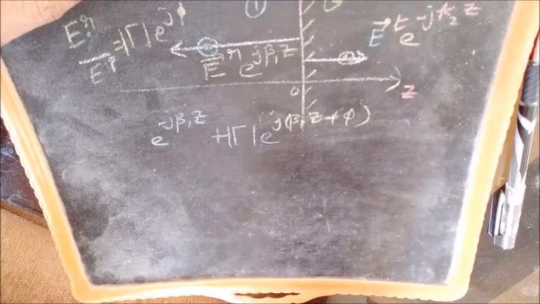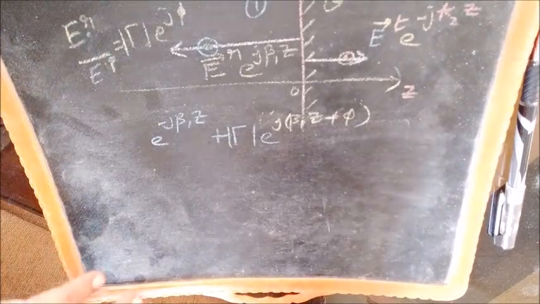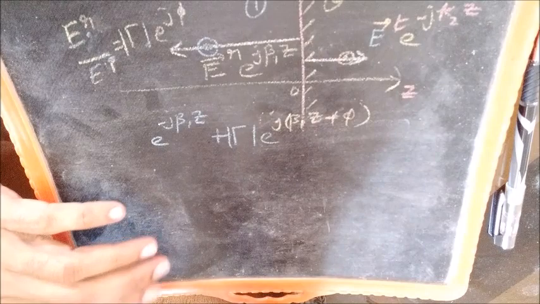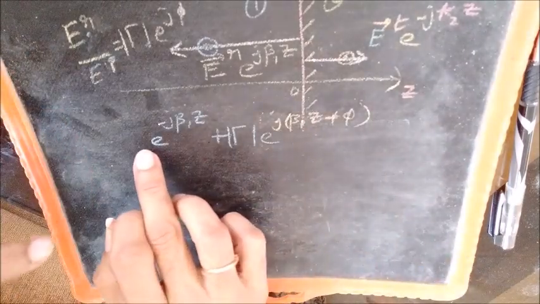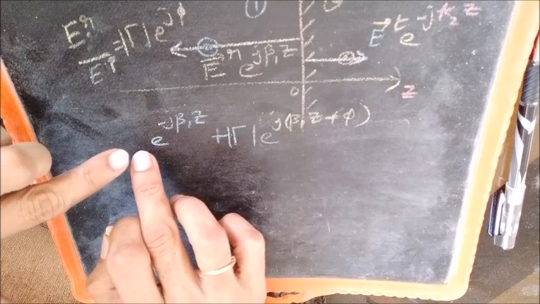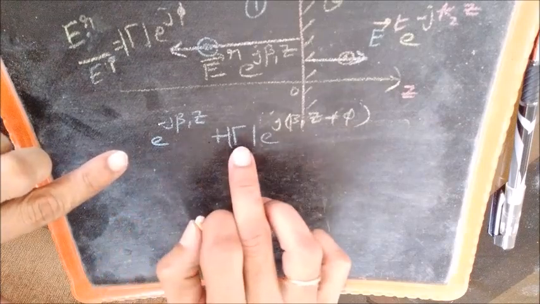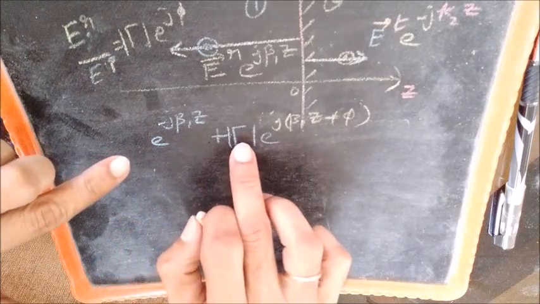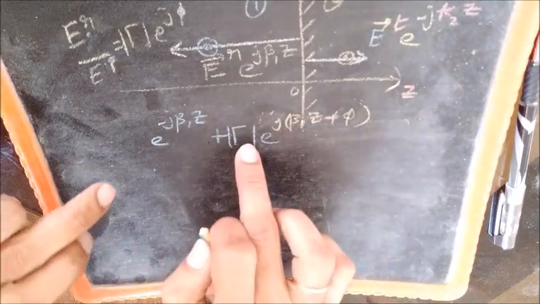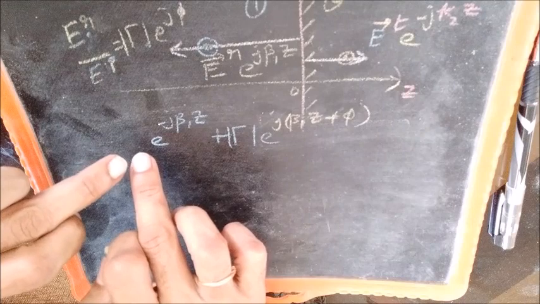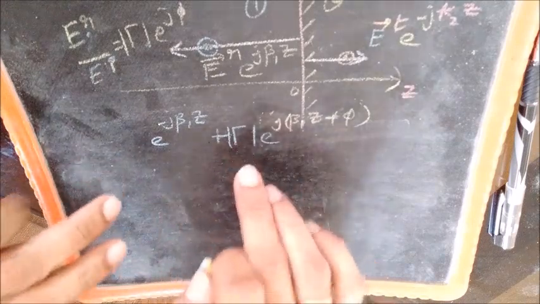But before I show the simulation, what we have to understand is that the effect of that will be, since the forward propagating wave is having an amplitude which is more than or equal to this, at best it's going to be equal to this, in the sense the reflected wave at its best can have only an amplitude as much as that of the forward propagating wave. Otherwise, its amplitude is less.